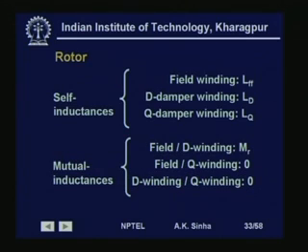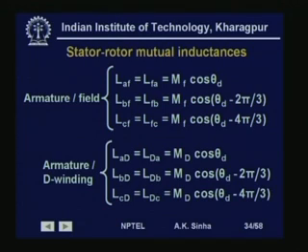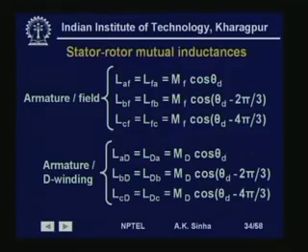All the mutual inductances, self inductances, rotor inductances, rotor mutual inductances, stator rotor mutual inductances, most of these are time varying inductances, mainly because the flux path is not the same in the polar and interpolar region, and therefore, analysis of this kind of machine becomes very complex.